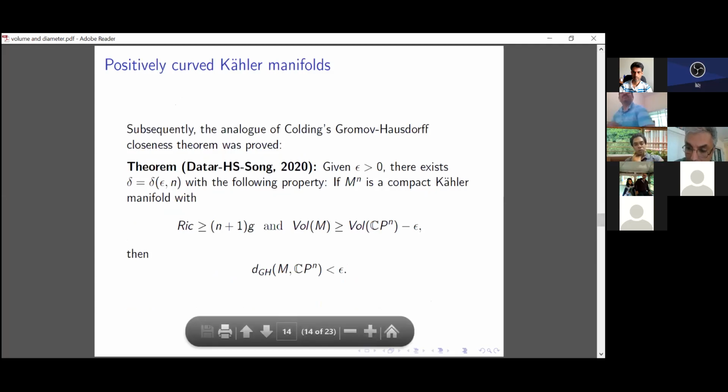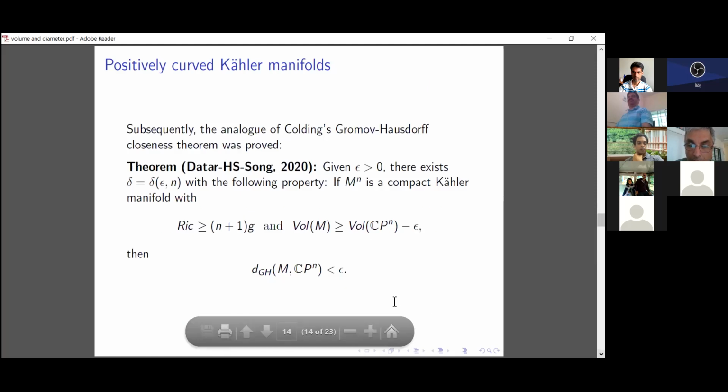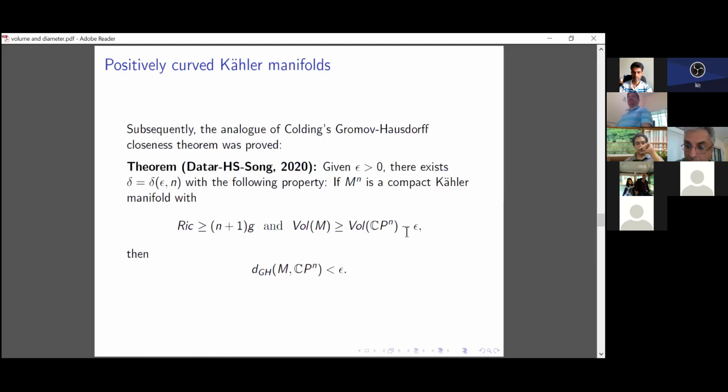Does it use the equality case somehow? Well, not quite. To some extent, yes, because at least the stability theorem of Liu is used. To begin with, you already know that since the volume is close, M is biholomorphic to CP^N. But that's nowhere near good enough. Here, the statement is metric.